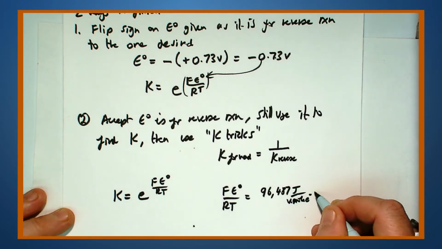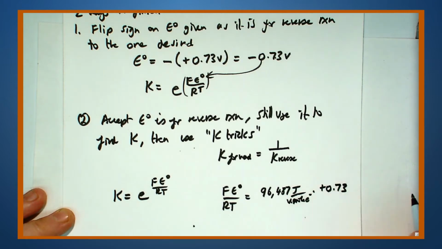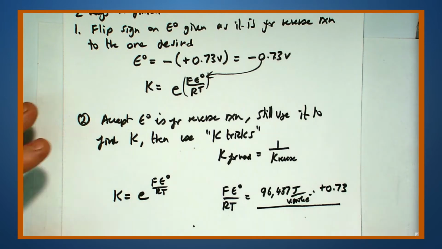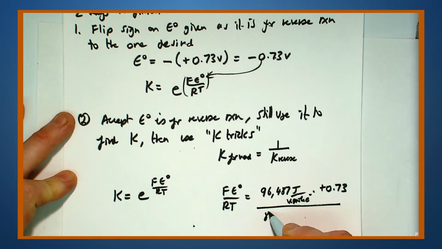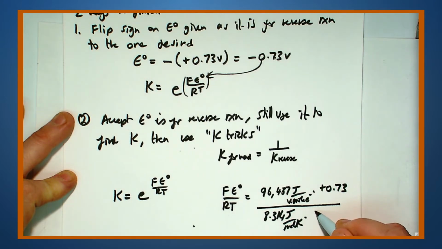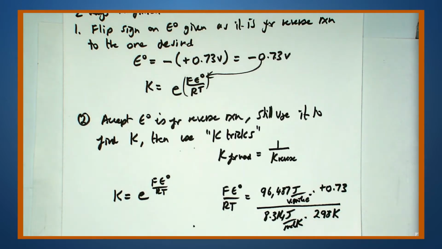Quite a lot to write there. Times my E, which is plus 0.73. Again, I'm accepting that this is going to give me the K of the opposite reaction. R is 8.314 joules per mole Kelvin, and my temperature is 298 Kelvin. How do I know it's 298 Kelvin? Because it said it in the problem.